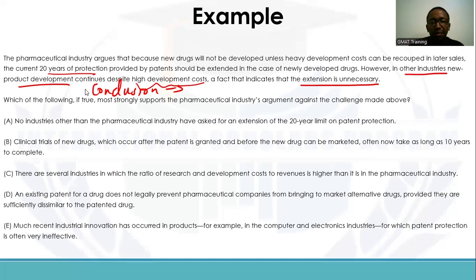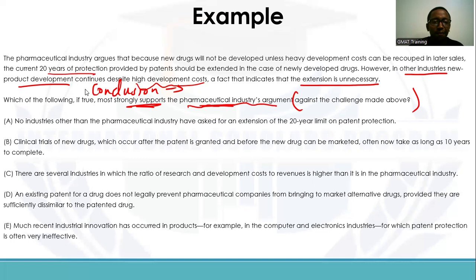But the question stem is now telling us to support the pharmaceutical industry's argument against the challenge made above. So we're supposed to identify something that actually supports the pharmaceutical industry against the conclusion made by the challenge presented.